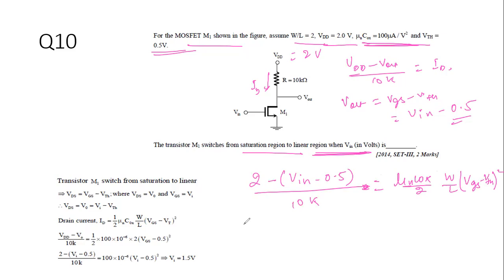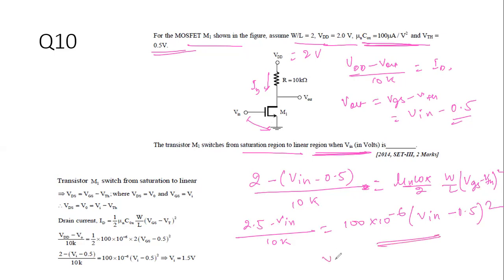So this becomes 2.5 minus V input divided by 10K, equal to mu n C oxide by 2 into W by L, so 100 into 10 raised to power minus 6 into (V input minus 0.5) whole square, since VGS is V input. After solving this, you will get V input is 1.5 volt, which is the right answer.